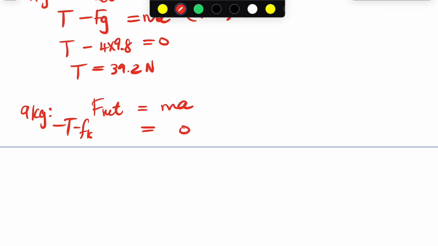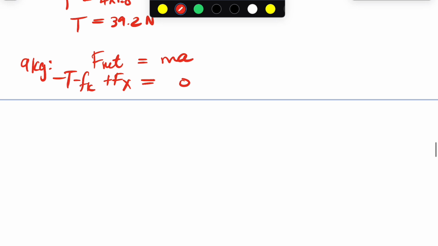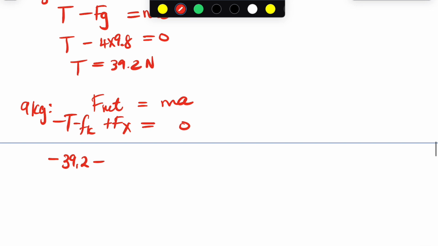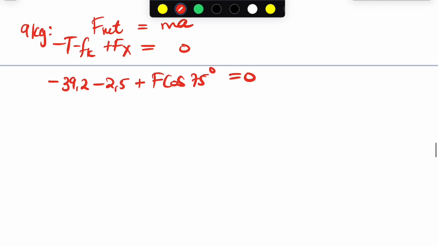So we substitute the tension, 39.2, they have the same tension, minus the friction we were given, 2.5, plus Fx, and Fx is F cos 75 degrees, equal to 0.